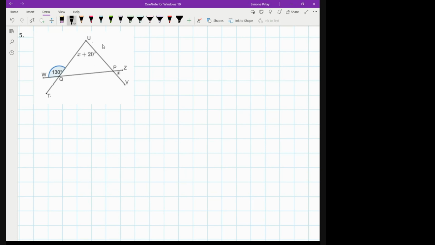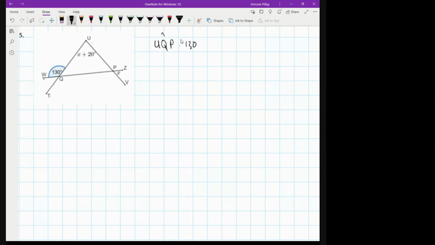Which angle are you trying to calculate? You're trying to calculate this angle here. So you're not going to use W, you're going to use U. It's UQP. Do you see that? Oh. So I can say UQP plus 130 equals 180.